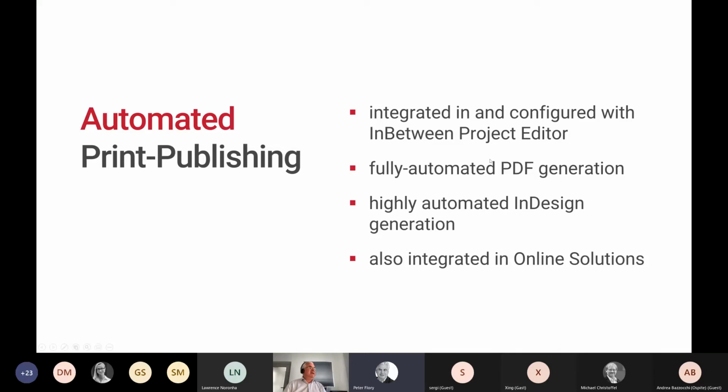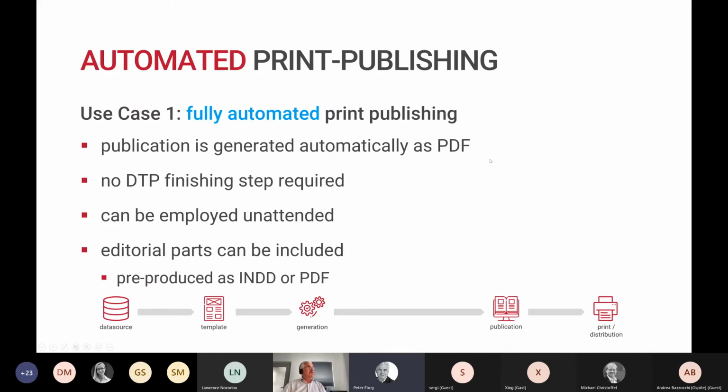As I just mentioned, one way of using automation with InBetween is doing fully automated print publishing. This means you press a button and your brochure, your data sheet, or even your catalog is being produced straight to PDF without any DTP finishing, so there is no manual work required in InDesign or Quark Express.